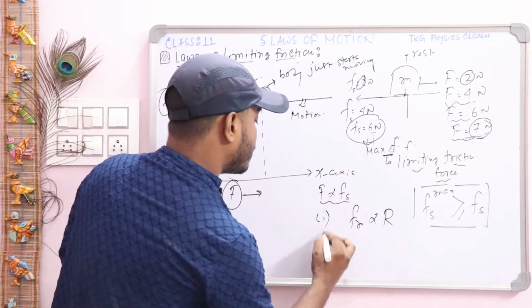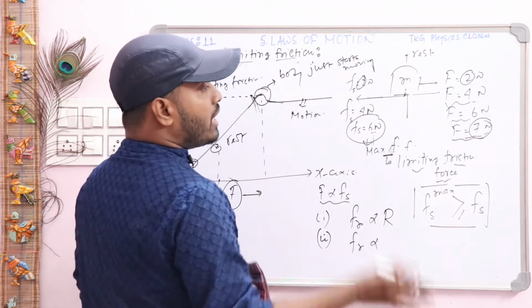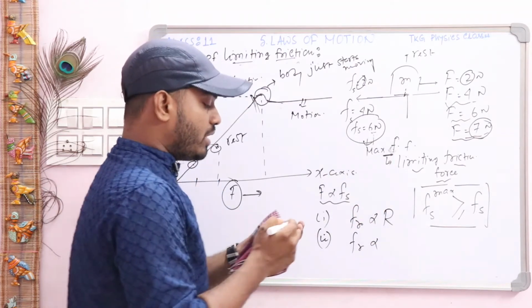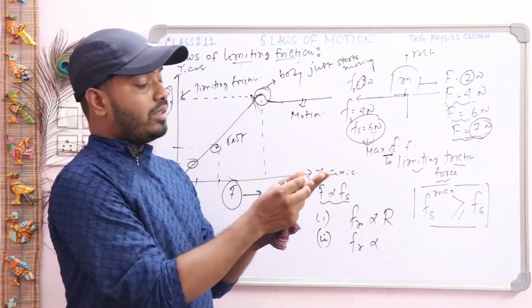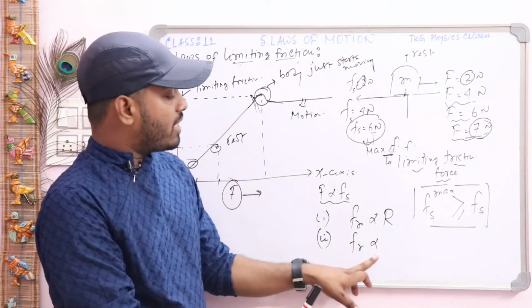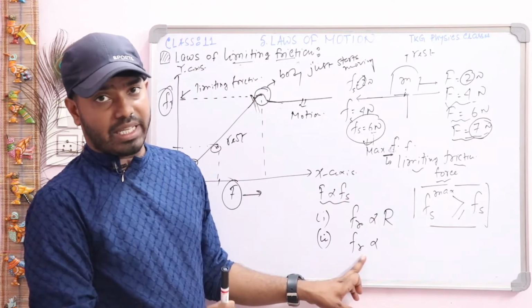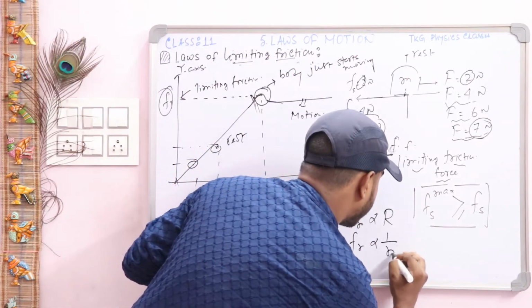Second point, rolling friction is inversely proportional to the radius of the rolling body. If this cylinder is rolling over the surface, its radius is inversely proportional to this frictional force. It is shown experimentally. So rolling frictional force is inversely proportional to r.